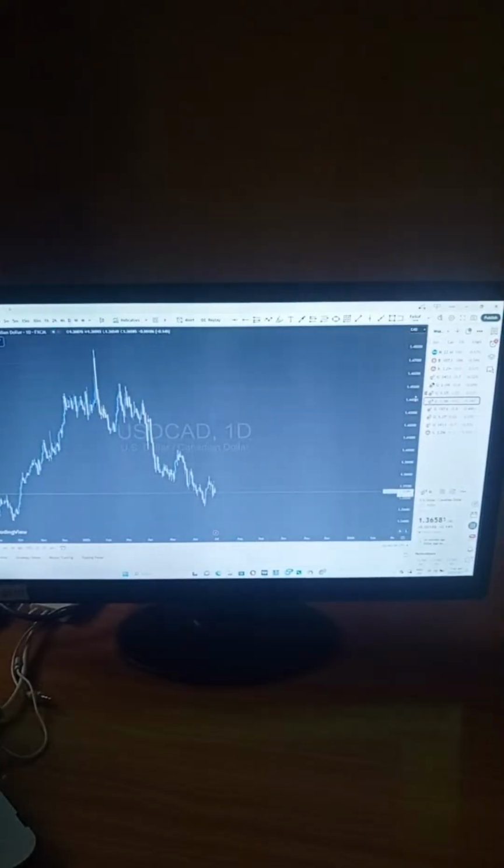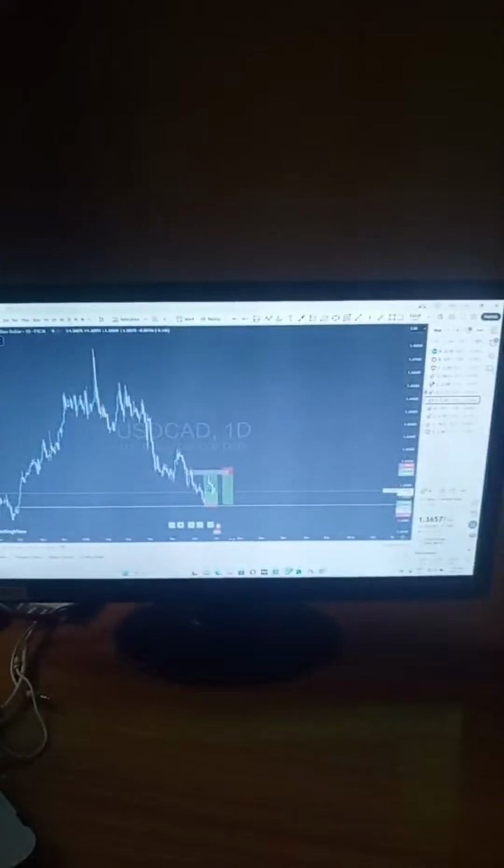So let's look at USD CAD. See, I had this order here, but I did not place a pending order on my charts, and it triggered at night when I wasn't active, so I did not take the trade.